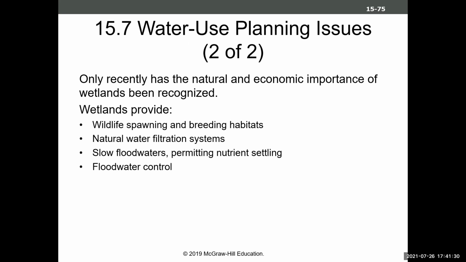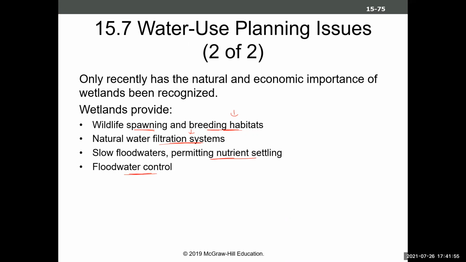Wetlands are really important for wildlife spawning and breeding habitats. We've talked about this one quite a bit. They also serve as natural water filtration systems. I've mentioned this in earlier chapters, but we also talked about this in this chapter itself. It also helps to slow floodwaters and allows nutrients and sediments to settle out. And then it also serves as floodwater control.